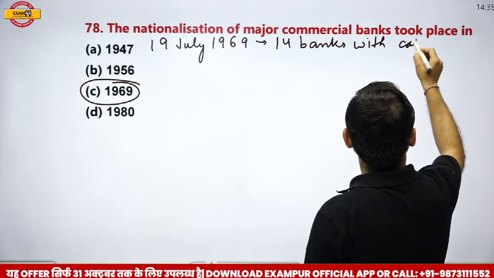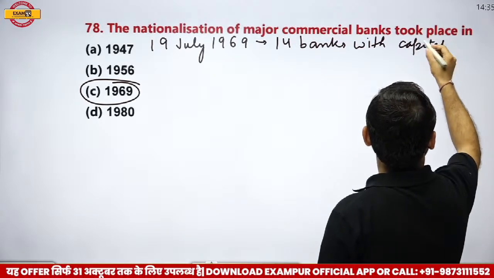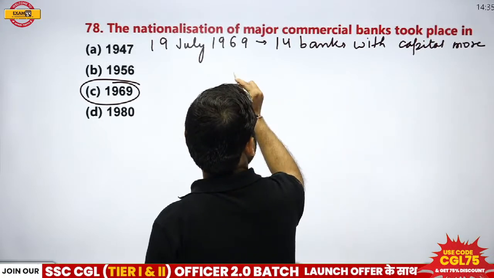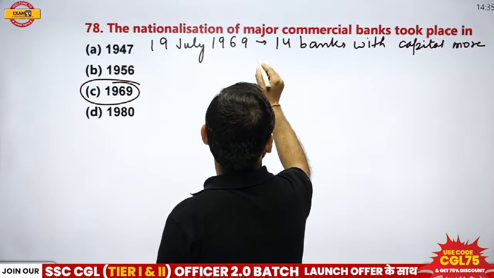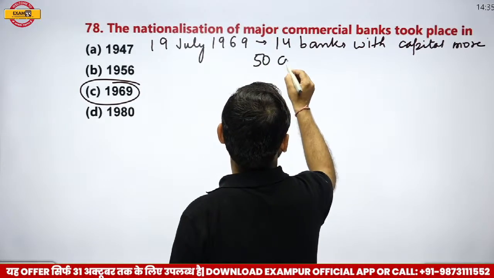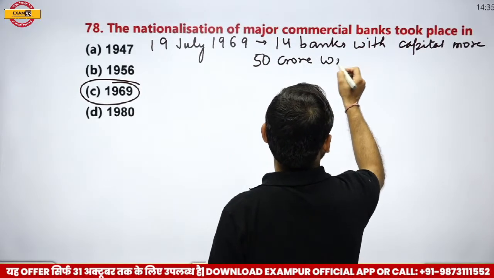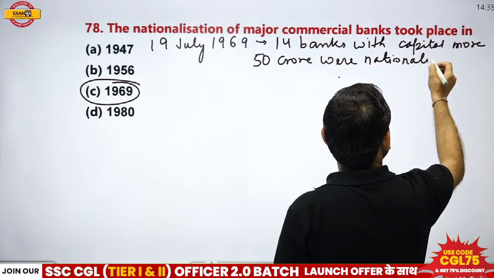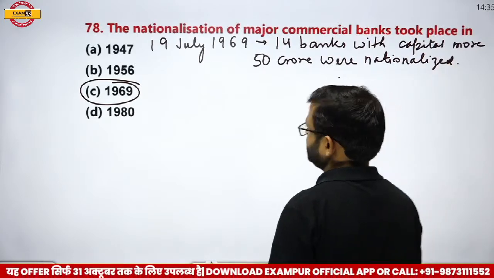14 banks with capital of more than 50 crore were nationalized.